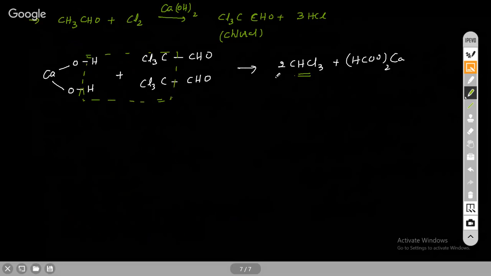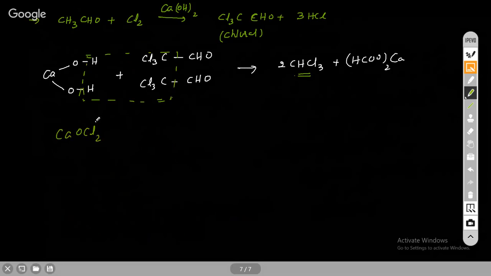Now, what is the use of phosgene? Phosgene is actually used to prepare this Ca(OH)2 with removal of Cl2. You see here, CaOCl2. I'll write down this reaction.